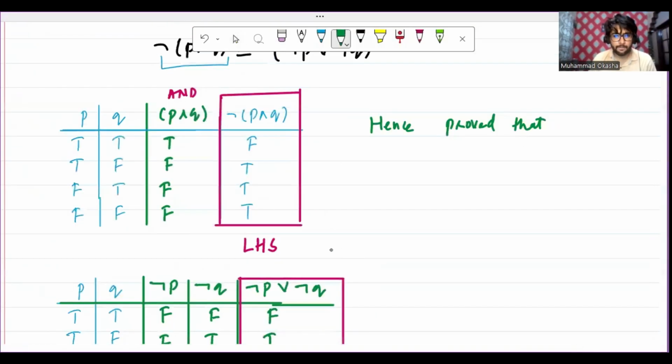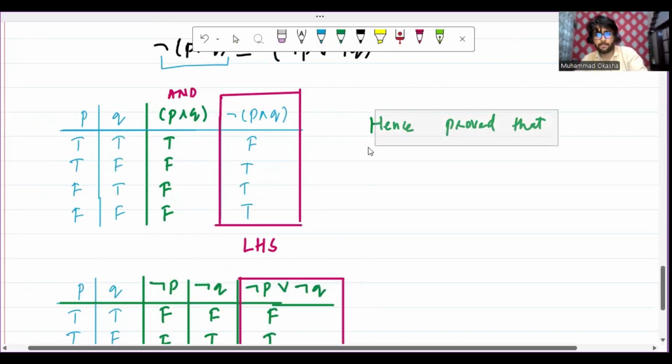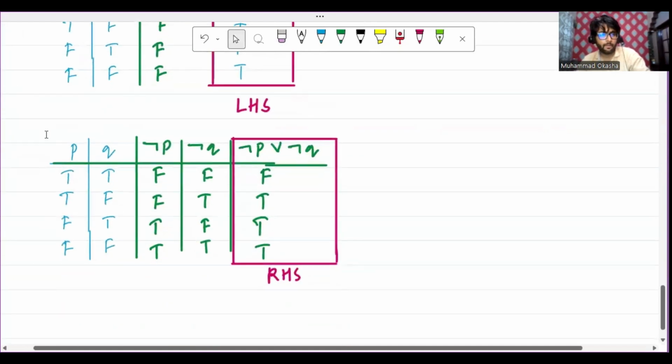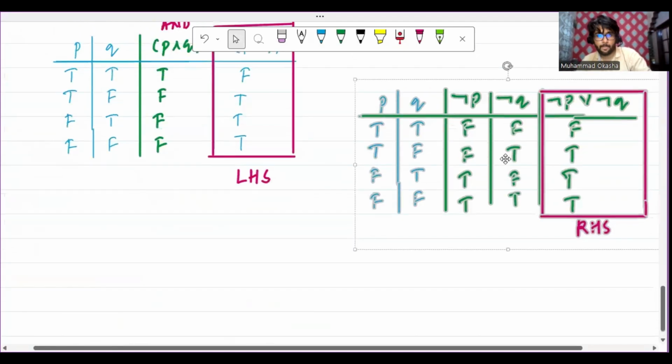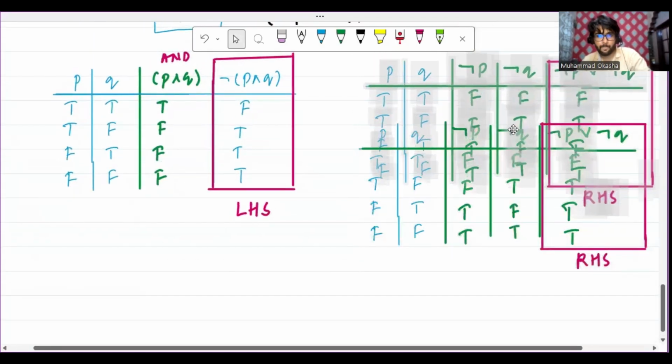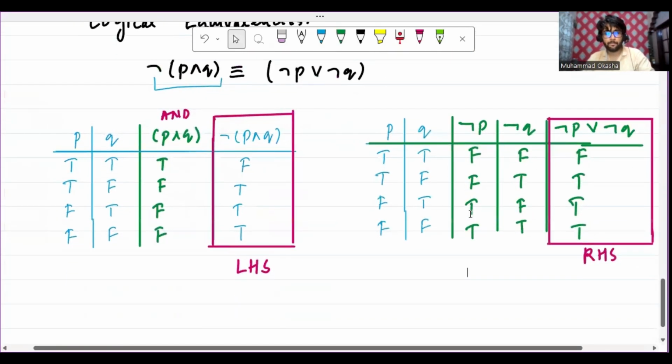I've done it below, but you can do it by the side as well. That's totally fine. In fact, I'll write it by the side. It's going to make a lot more sense. Over here, I will write it over here. Yeah, there we go.